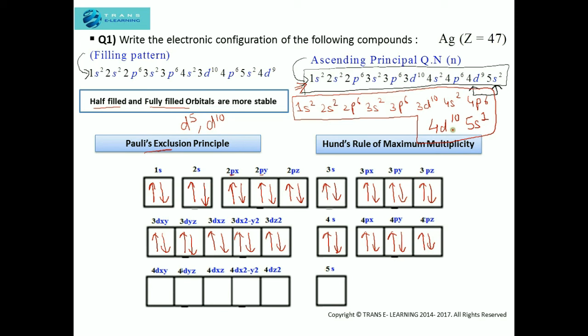Now in the actual configuration we have 10 electrons in the d orbital. So this is 1, 2, 3, 4, 5 and 6, 7, 8, 9, 10, and we have just 1 electron in the 5s orbital. So this is the electronic configuration of silver as per the electronic distribution.